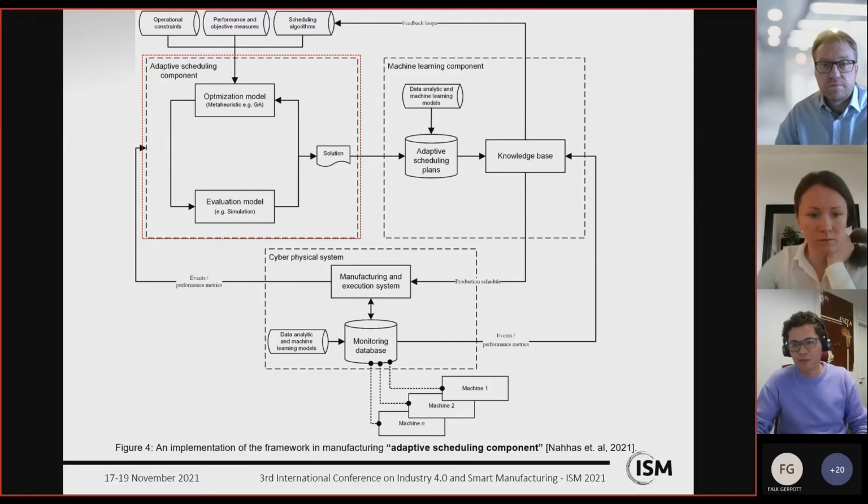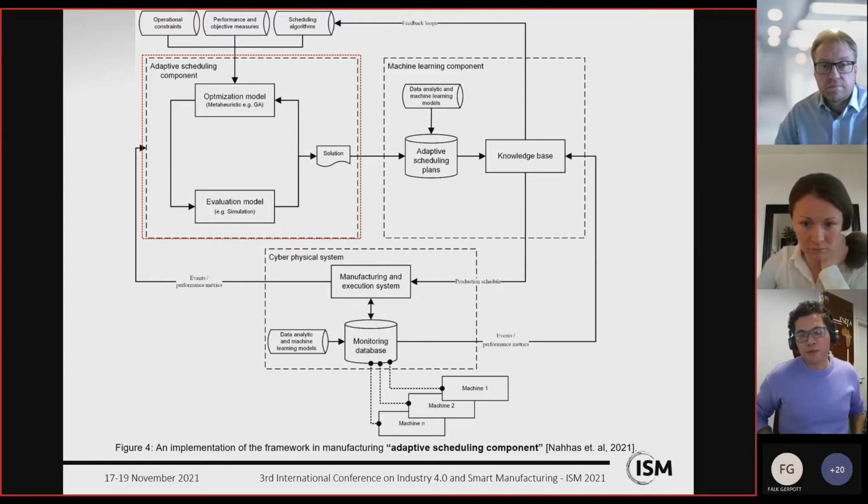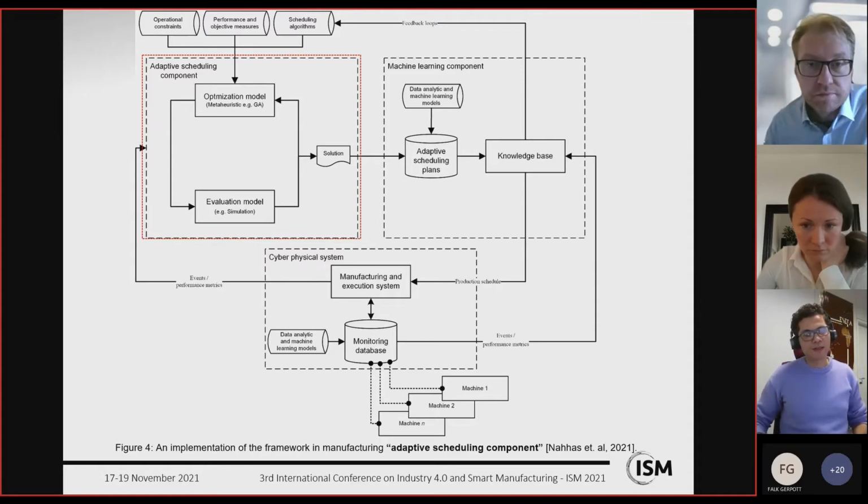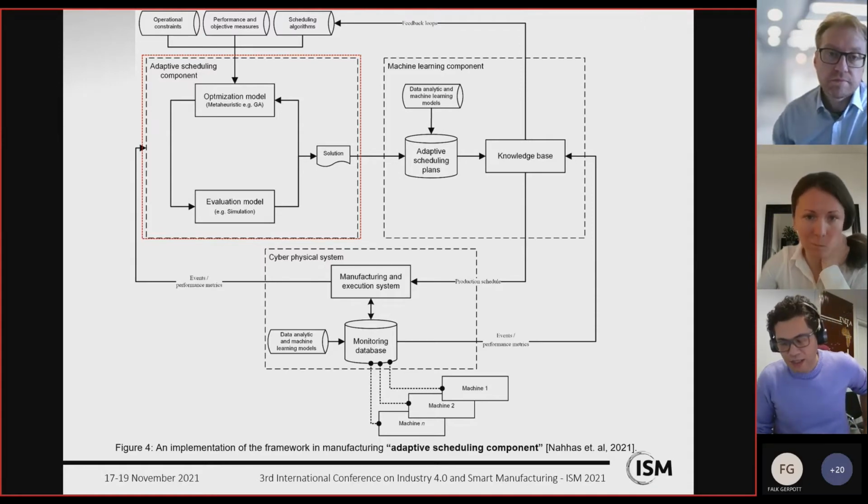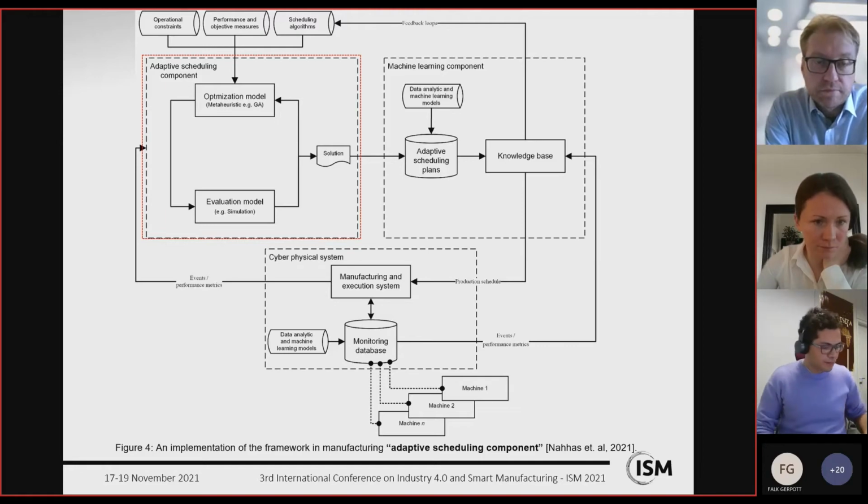And then once we have evaluated all individuals, we go through the evolutionary process, such as selection, mutation, and crossover, before repeating the same process again, and we keep doing that until some break criteria are met.